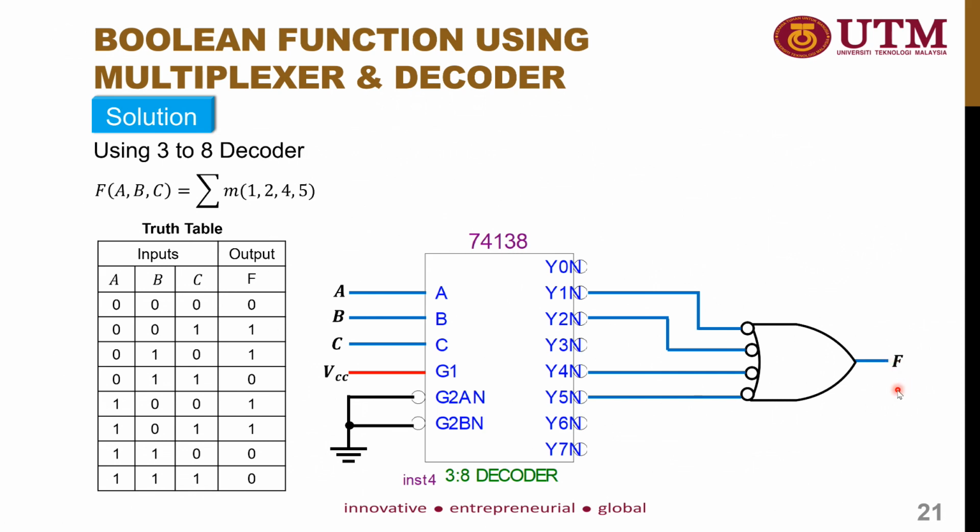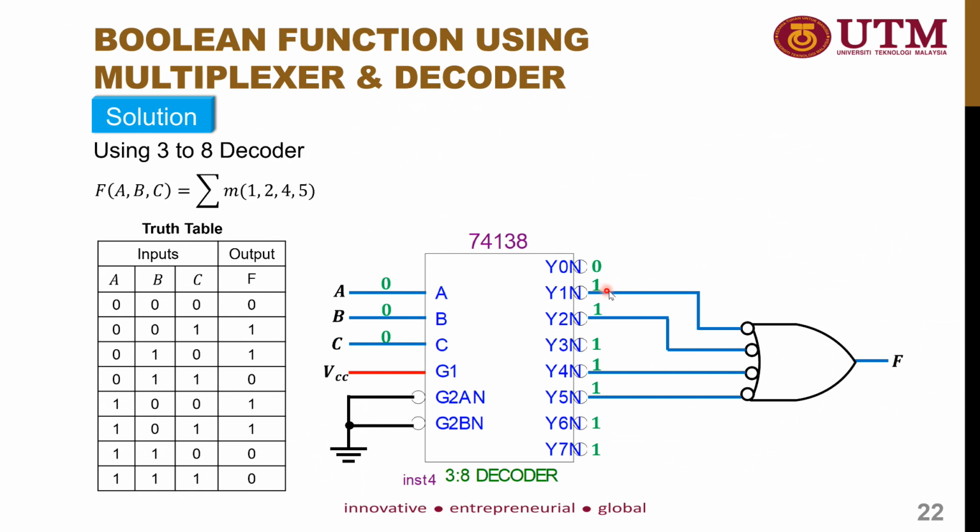So for the first example, let's say A is equal to 0, B is equal to 0, and C is equal to 0. So when this situation is fulfilled, y0n will be activated, and it will become 0 because it is an active low output. And the other pins will become 1.